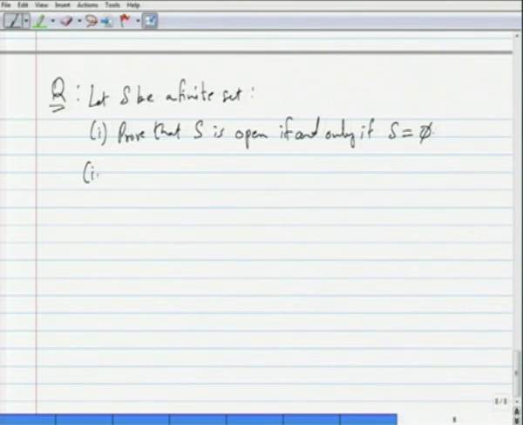To prove that S is closed. So, try to provide the solution to this. And then here is the solution.